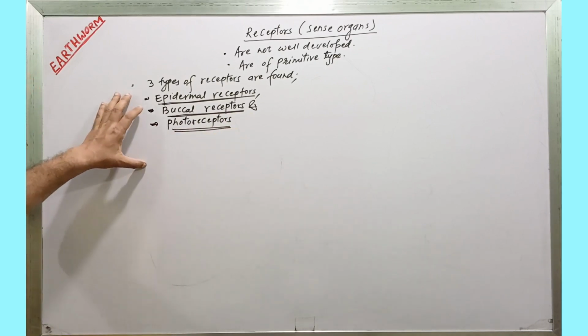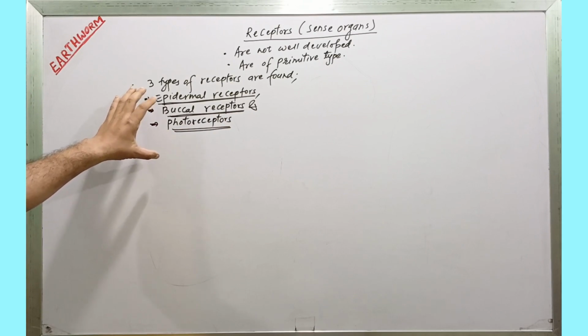So these three are the different types of receptors found in the body of the earthworm.